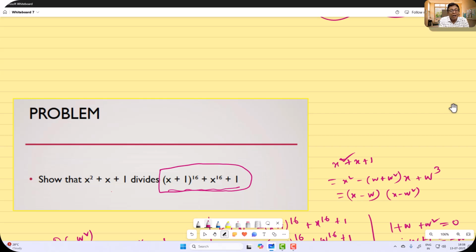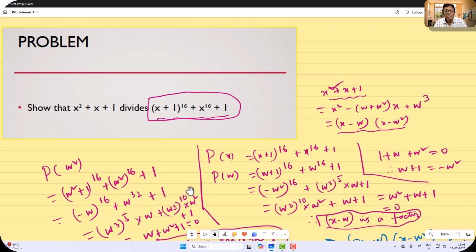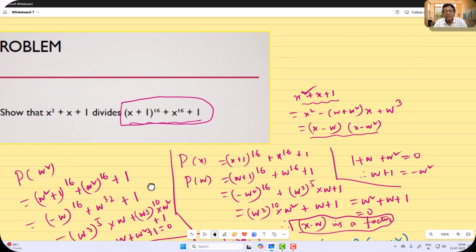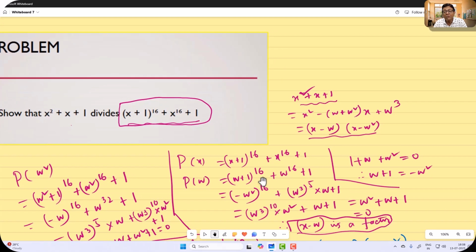If this one divides this one, then the factors of x square plus x plus 1 will divide this one. x square plus x plus 1 is (x minus omega)(x minus omega square). So put x equal to omega in this polynomial. Then this is going to be (omega plus 1) to the power 16, plus omega to the power 16, plus 1.